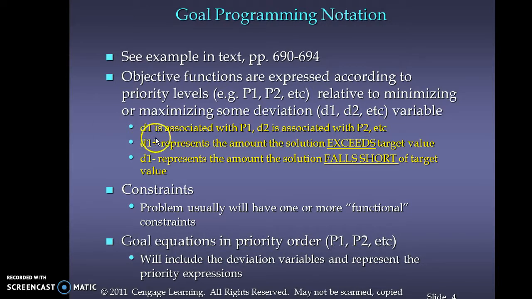So when we use the superscript plus associated with that deviation variable, that represents the amount the solution exceeds the target value. I'll get to an example. And when we use the superscript minus, it represents how much we fall short. Now, the problems that we would work with in our examples usually have one functional constraint, and I'll explain what that is.